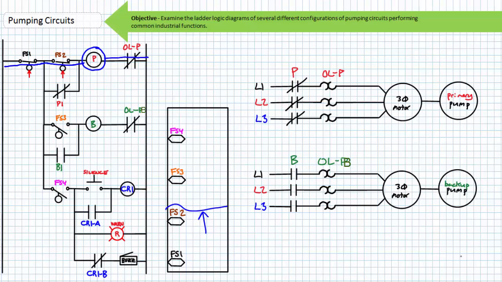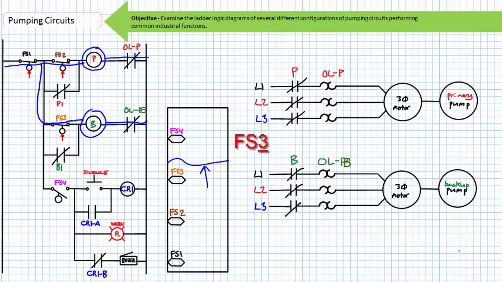Primary pump P only comes on if both float switch 1 and float switch 2 are actuated by rising liquid level in the tank. If the primary pump P can't keep up with the rising liquid level, or if primary pump P has locked up and gone into overload, backup pump B is turned on when liquid level reaches float switch 4.